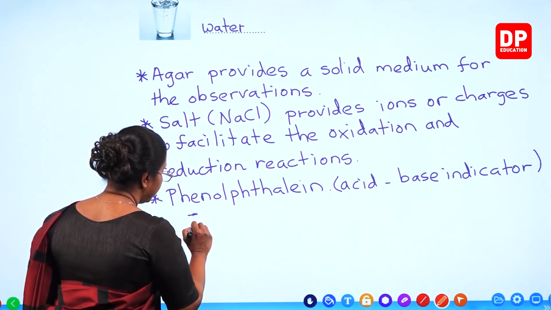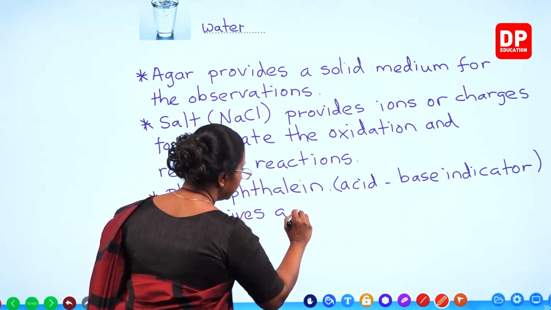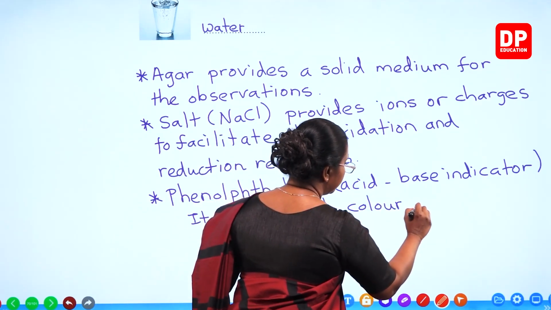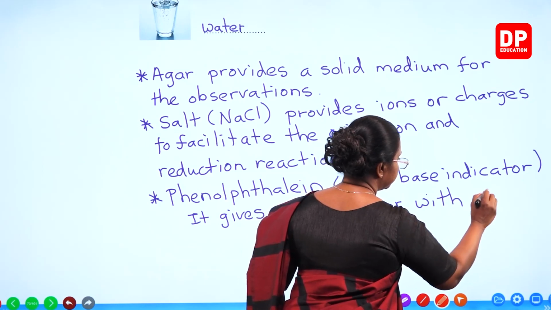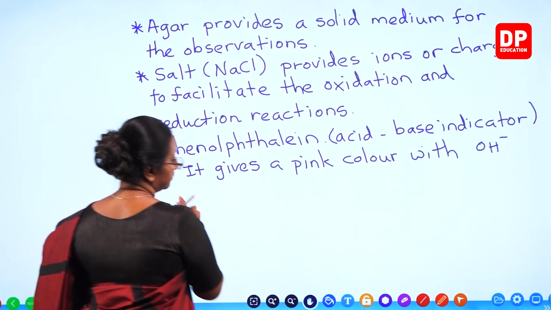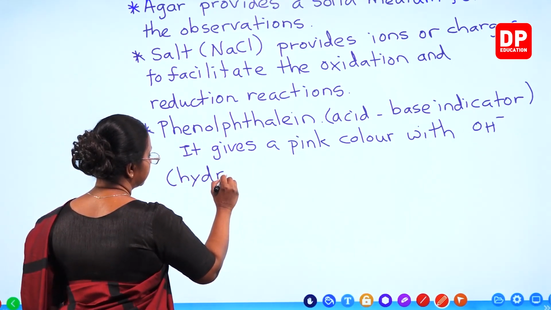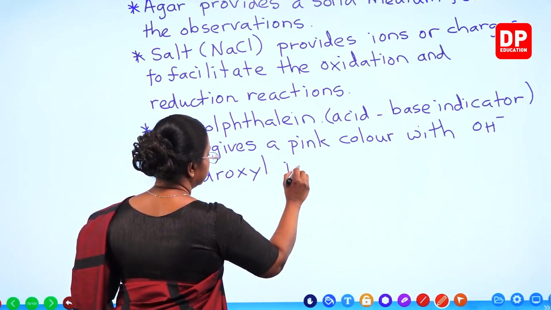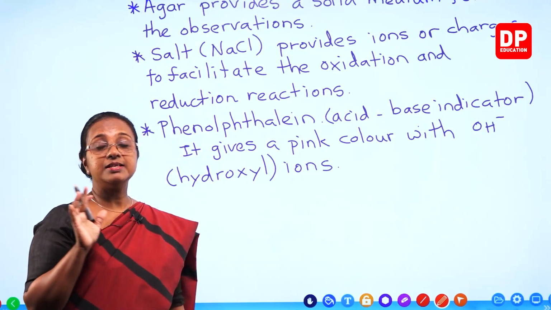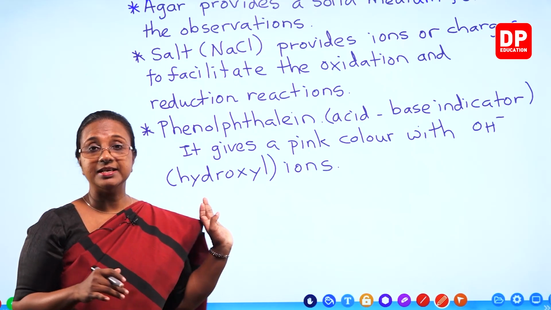So it gives a pink color with OH minus, that is hydroxyl ions. So if there is the appearance of pink color, then we know there are OH minus ions.